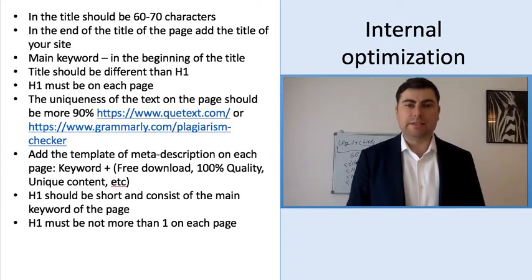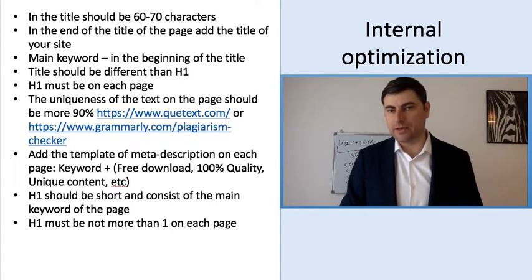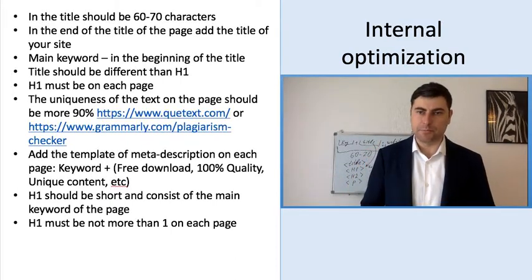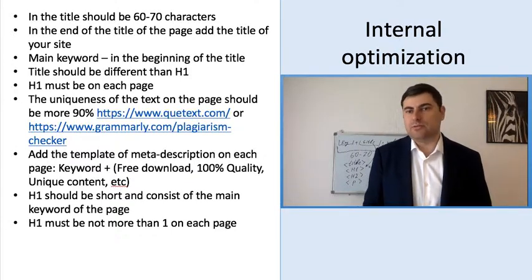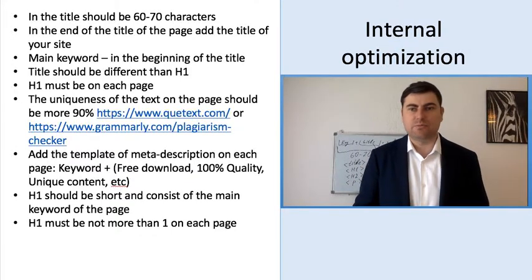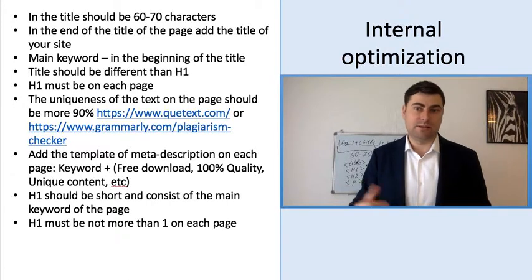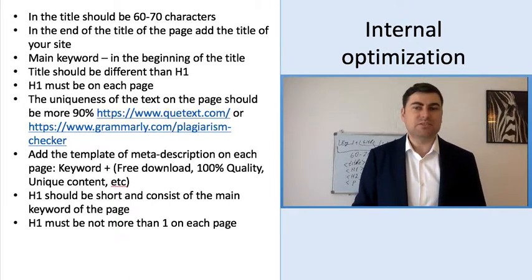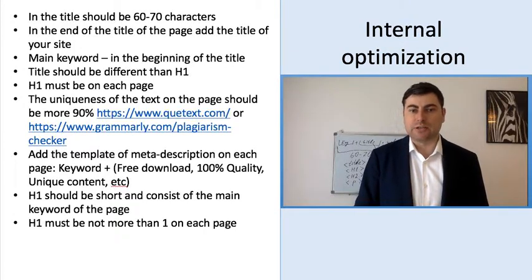Then the uniqueness of the text on the page should be more than 90%. 100% is the best to get. However, I understand, and you understand, that most of the content you are literally stealing or copying from other websites. So this is the very important part: how to make your content unique.